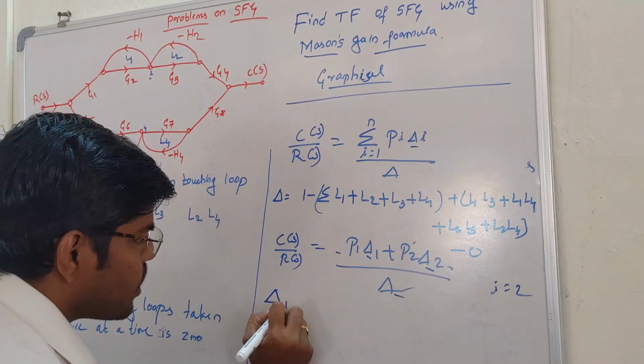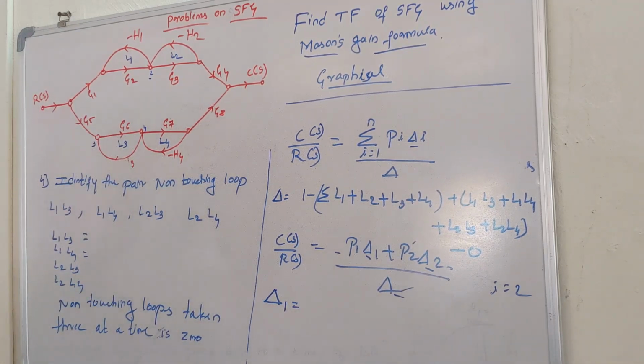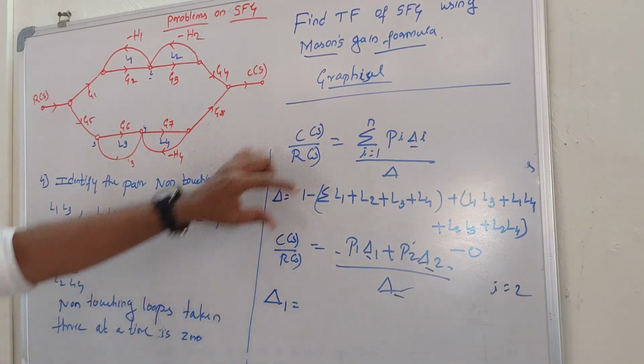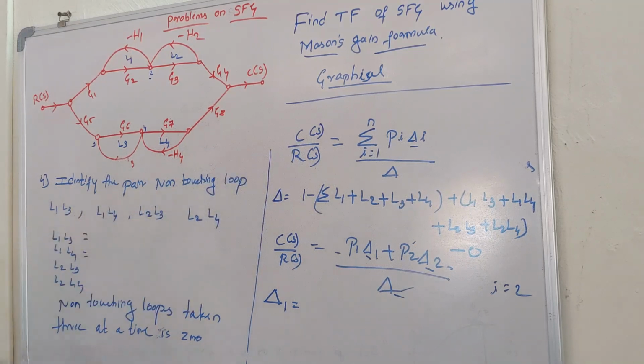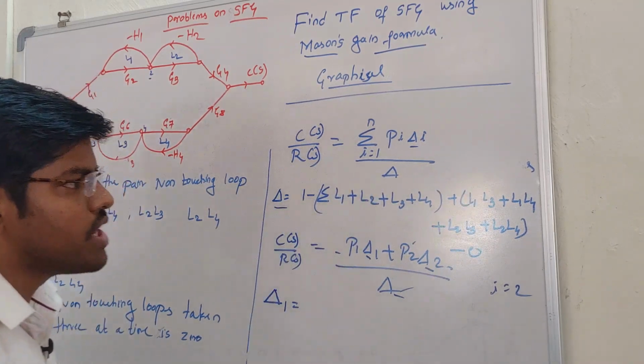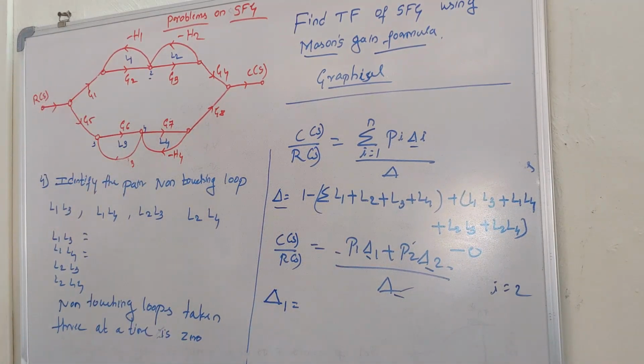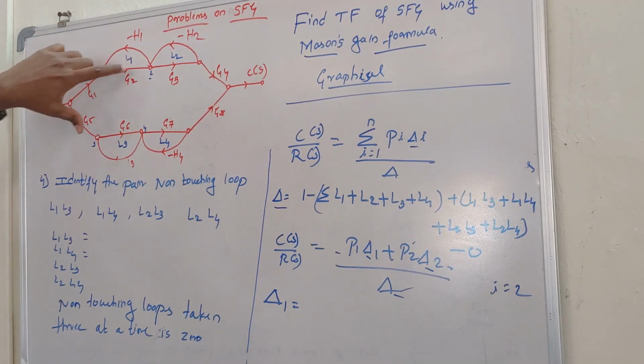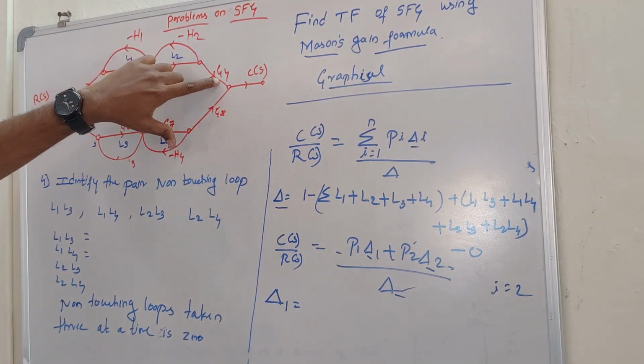Let us find delta 1. Delta 1 can be calculated with the help of the determinant of the signal flow graph. Remember, the determinant is delta equals 1 minus summation of all the individual loop gains plus the summation of the pair of non-touching loop gains. Look at delta 1. We have the first forward path P1 equals G1, G2, G3, G4.